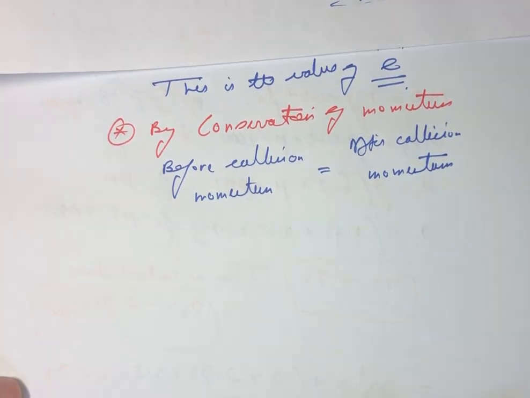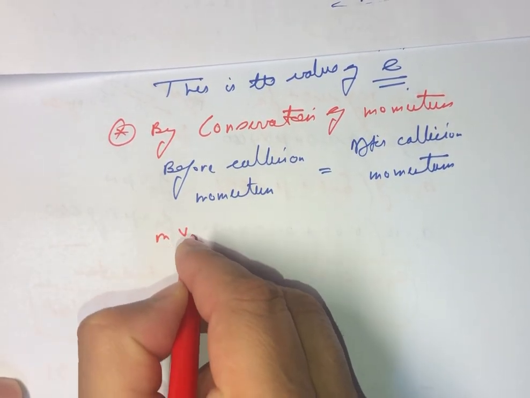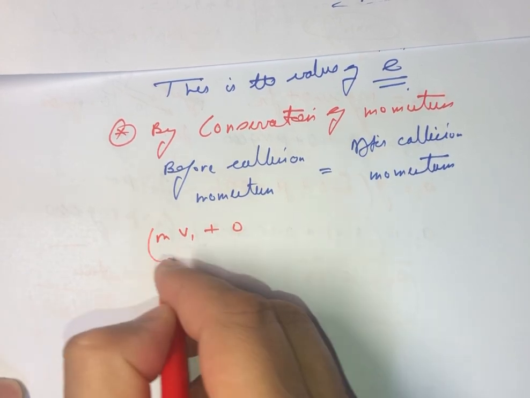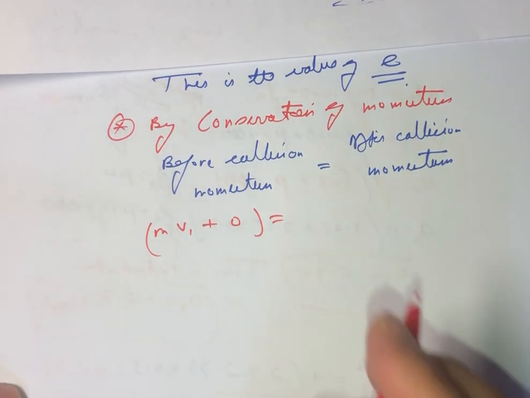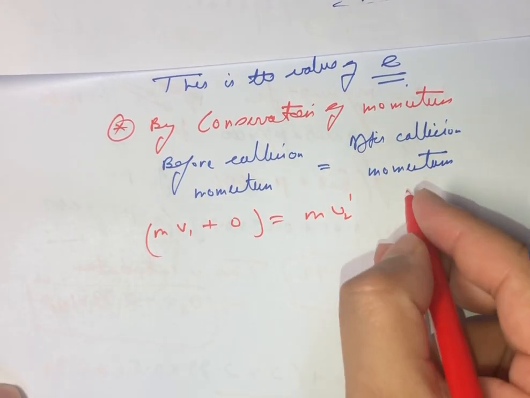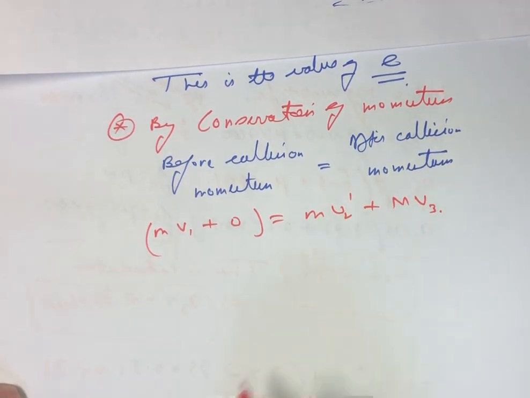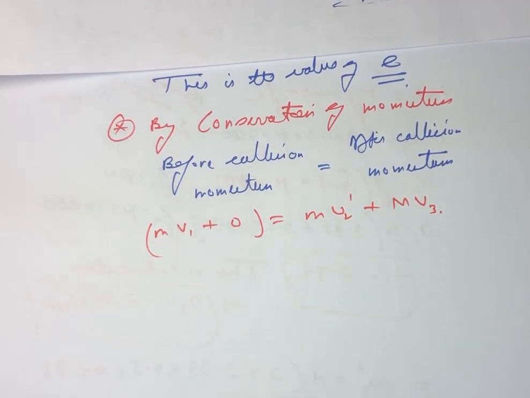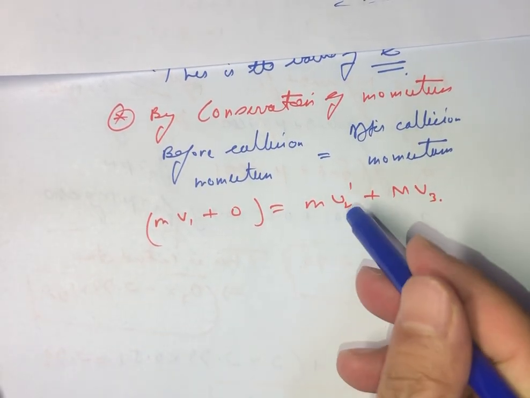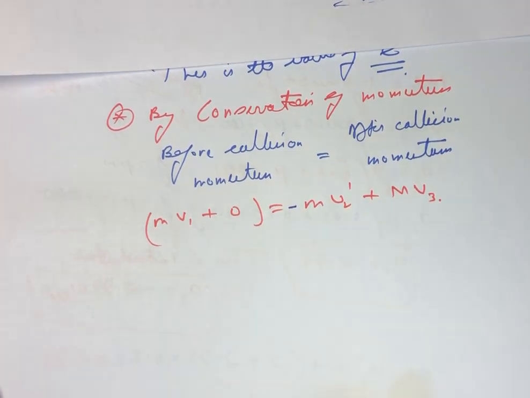So before collision we have only small m moving with the velocity of v1. Capital M is at rest, so this is 0, is equal to m v2 prime plus capital M multiplied by v3. And this v2 prime is in the opposite direction, so we can put a minus here.